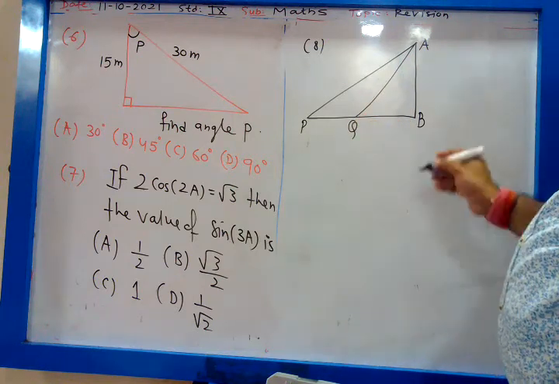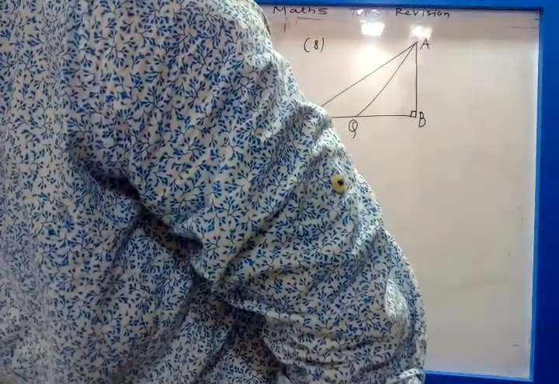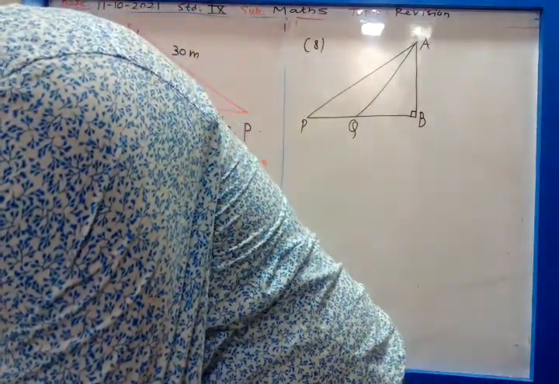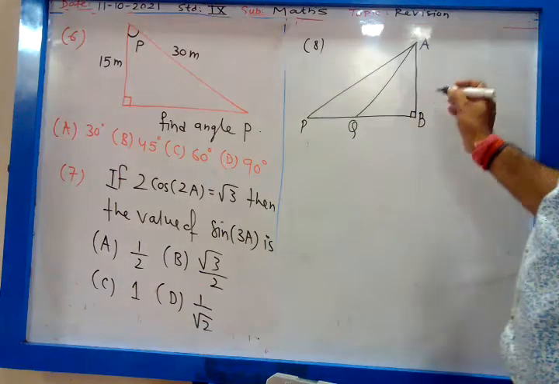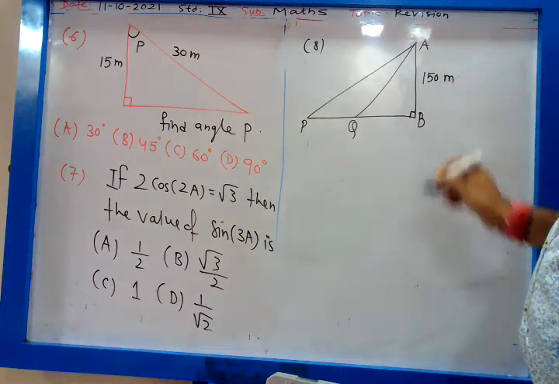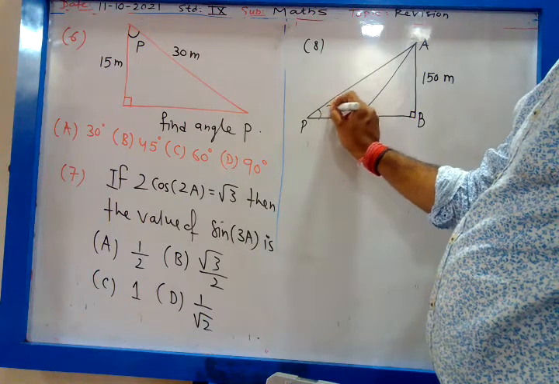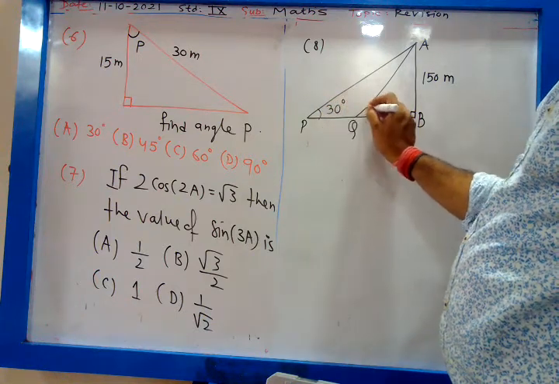B is 90 degree. AB is 150 meter. P is 30 degree. Q is 45 degree.